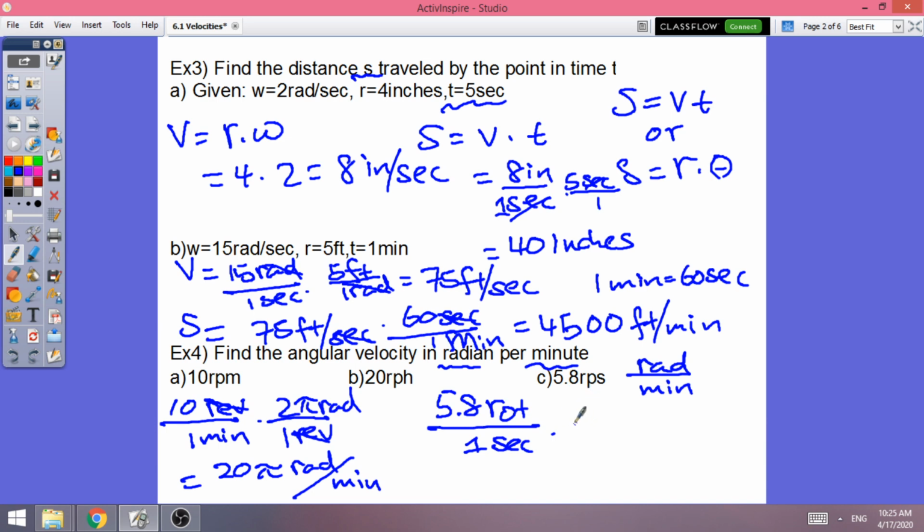So now it's converting to a minute: 1 minute equals 60 seconds. And now times 2 pi.